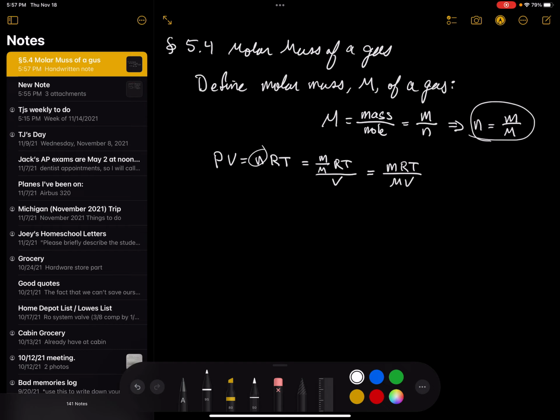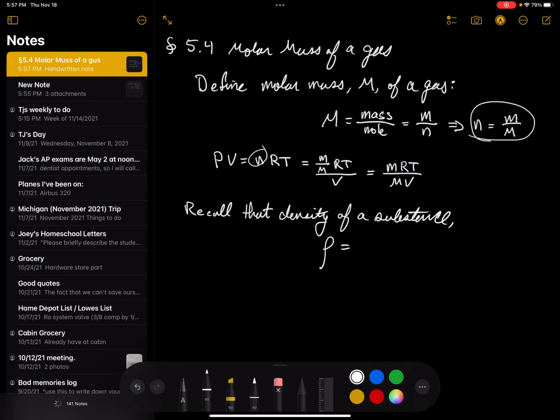Okay, now this is nice because we can recall the density of a substance, any substance, not just a gas. This is how density is defined. I use the Greek letter rho, which looks like a little squirrely p, to define density.